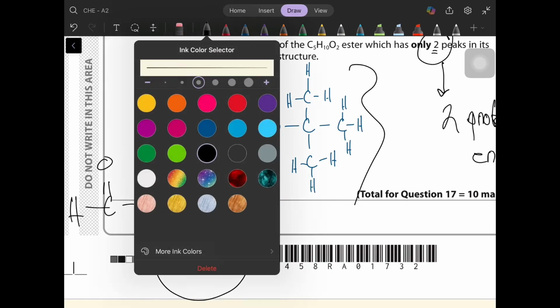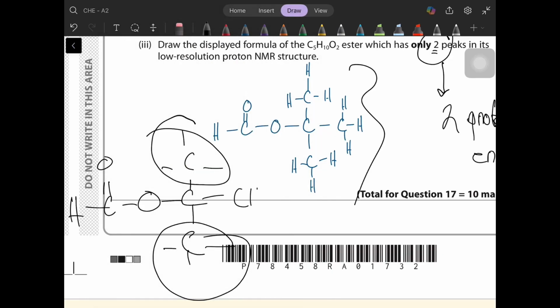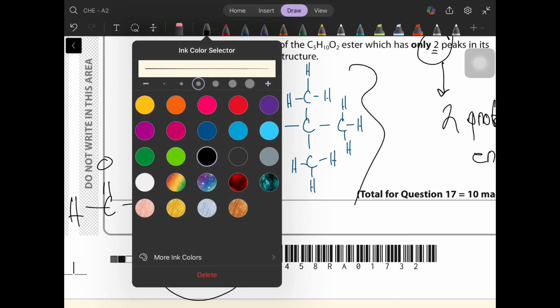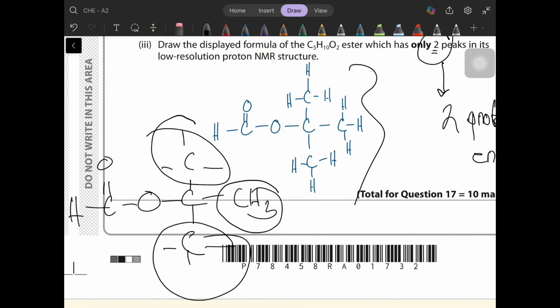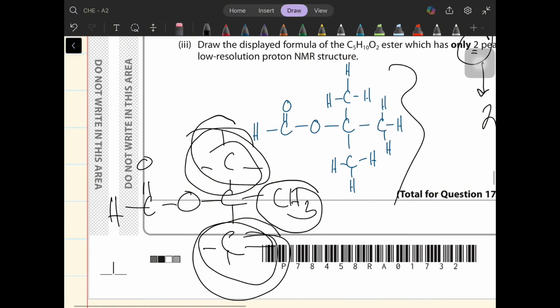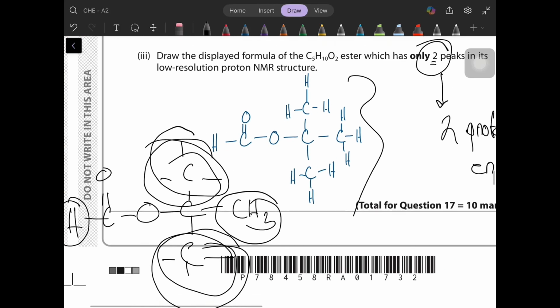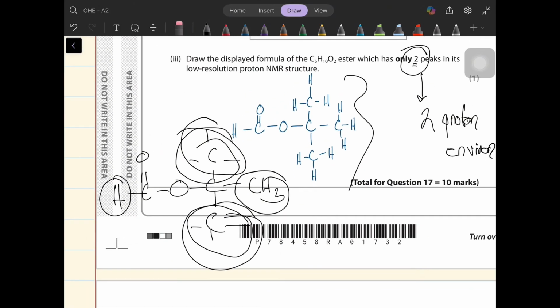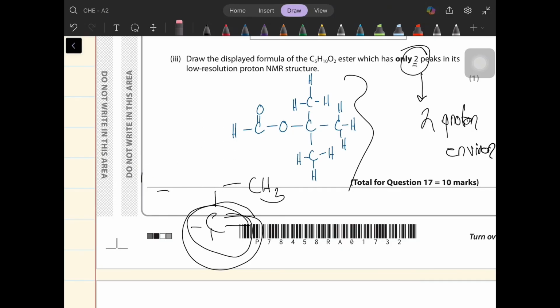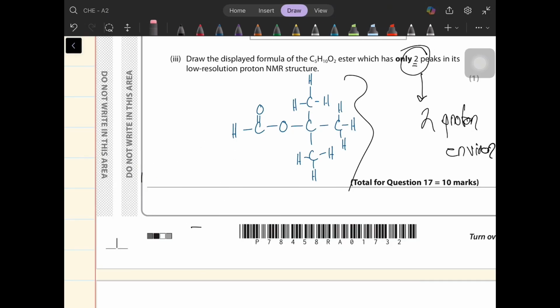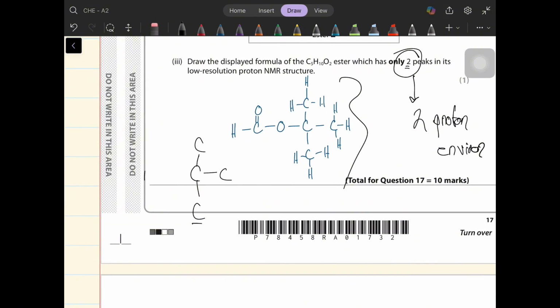Sorry, and there is going to be another carbon over here. So all of these three have the same proton environment, and this one has a different proton environment. So in total, there are going to be two peaks as there are two different proton environments, right? Whenever you see that there are two or a single peak, you create a cyclical structure, because when you create a cyclical structure, this carbon is joined to this carbon, this carbon is joined to this carbon, and this carbon is joined to something, right?